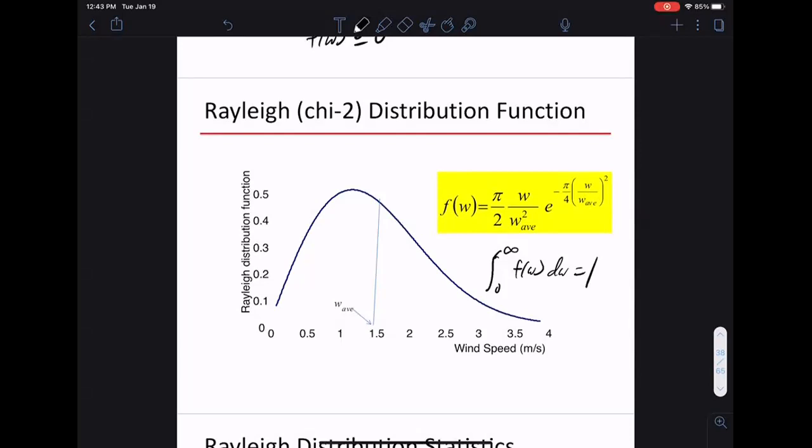Does anybody know what else this thing describes? For the folks who have maybe taken something like wireless communication. If you look at wireless communication, often you describe a channel strength using this sort of chi-square distribution. So this basically says there's a peak in the middle and it falls off quite fast.